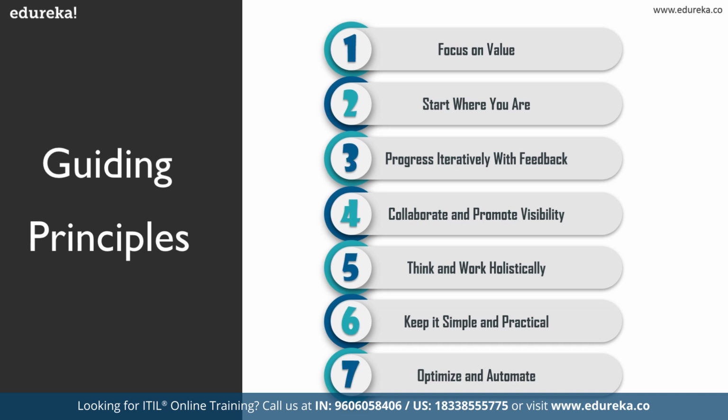Then optimize and automate. When we say optimize, it's about achieving more with less, or increasing the results with whatever you have, or bringing in optimization through usage of tools so that there is no linearity, where as I increase the resources, results go up. There is something called the law of diminishing returns.